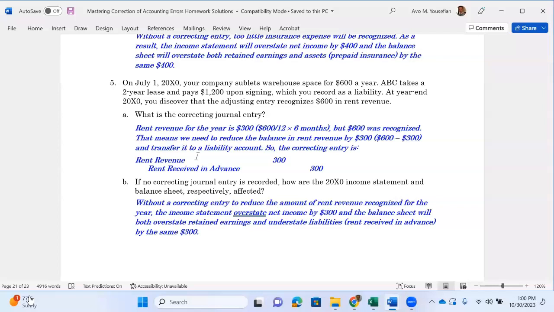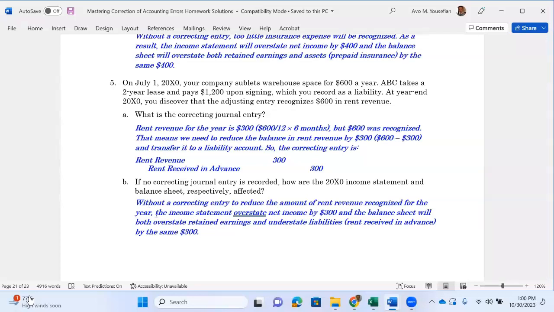So let's recognize first what that wrong adjusting entry was. The wrong adjusting entry was to reduce the unearned deferred revenue by $600 and recognize rent revenue of 600. But that was the wrong one, right? It should be just 300. So I'm gonna show you my camera if possible.